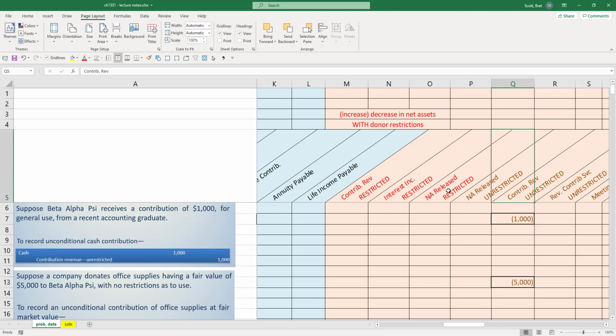What about restricted stuff? We'll talk more about that, but realize that in general, if we're talking about restricted stuff, we're talking about situations where people donate either cash or some other asset of value to the nonprofit, and it's directed by the donor to use it for specific reasons or specific purposes.